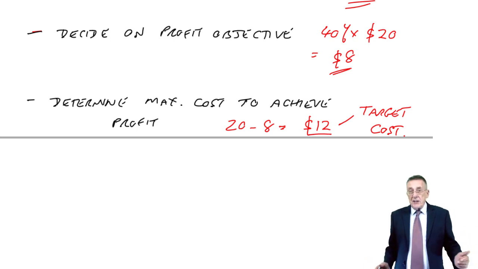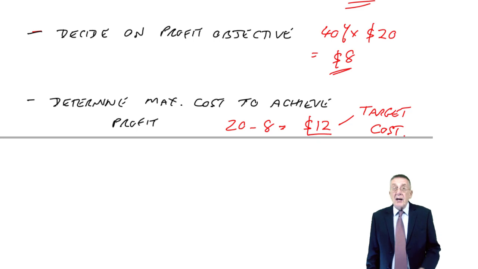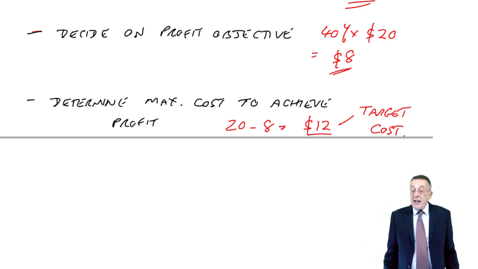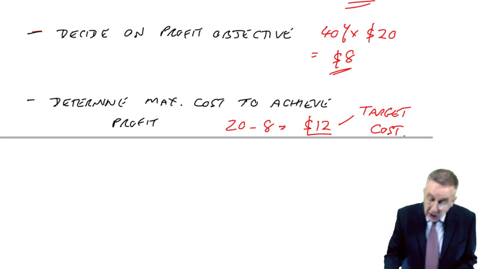Remember, we haven't started making this product yet. It's a new product. But we've decided if we're going to sell it and achieve what we want to achieve, then we're going to have to be able to make it for $12 a unit or less. And so what we then do is calculate or estimate the actual cost.